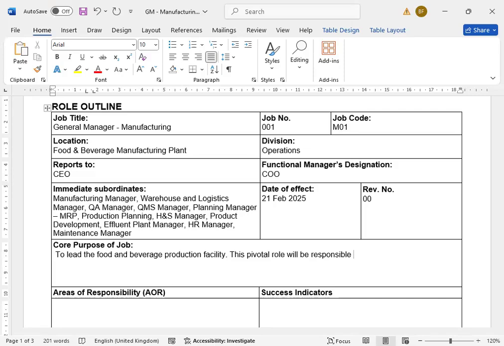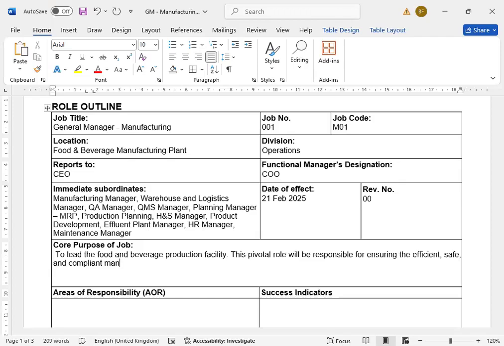Responsible for what? Responsible for ensuring the efficient, safe, and compliant manufacturing.